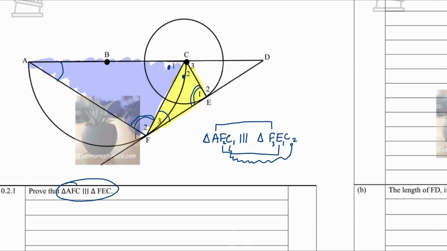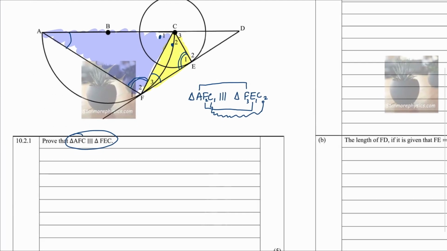So since we know that the line FED is a tangent, we can see that F3 is an angle that is made from a tangent to a chord. So angle F3 is going to equal angle A because of the tan chord theorem. So we can write statement, reason.